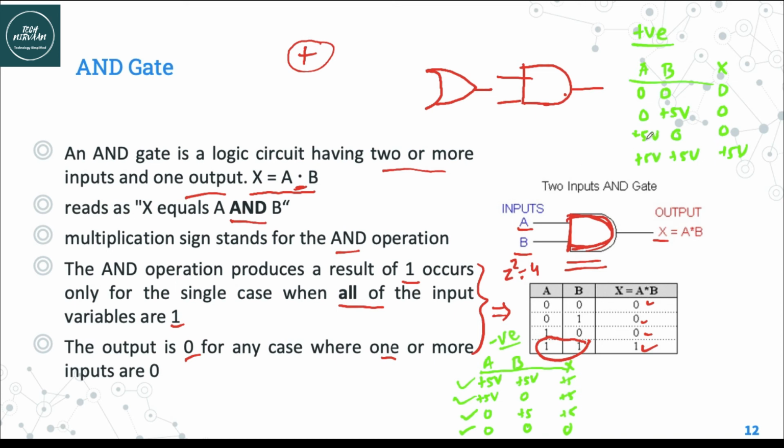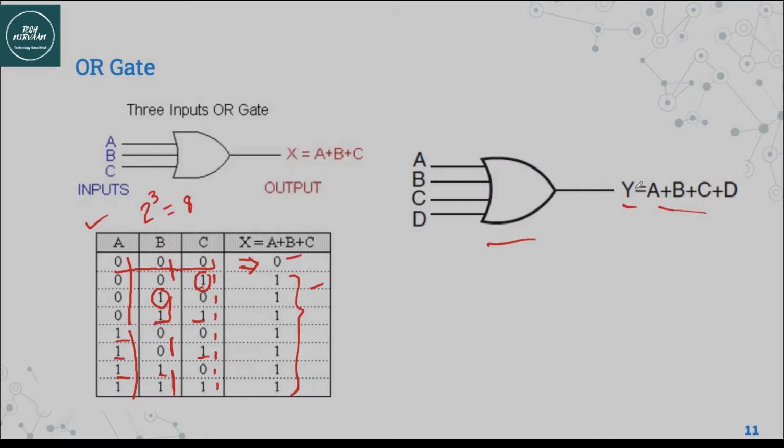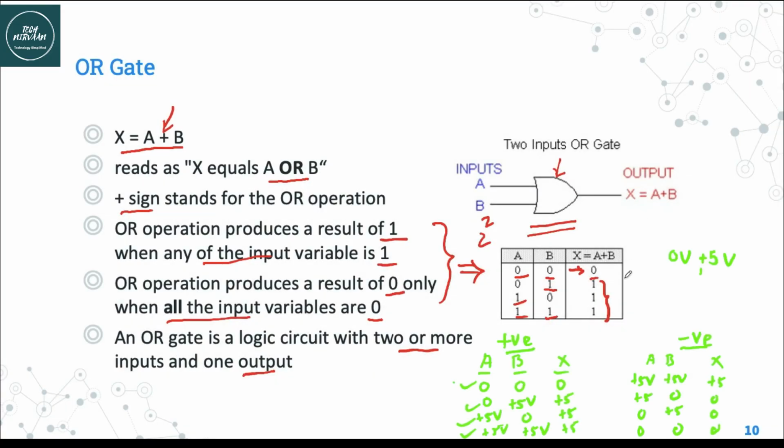Same way, positive logic of AND gate. Okay, AND gate having positive logic is similar to OR gate having negative logic. So remember this: 0 0, 0 plus 5, 0 and plus 5 plus 5. We have three 0, and when both the inputs are plus 5 then output is plus 5. So same truth table would be for OR gate having negative logic.